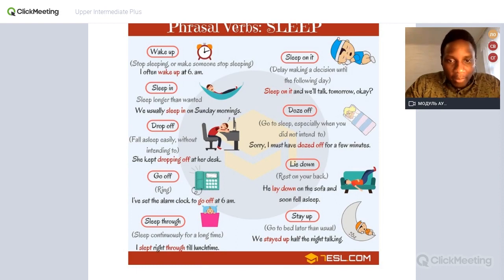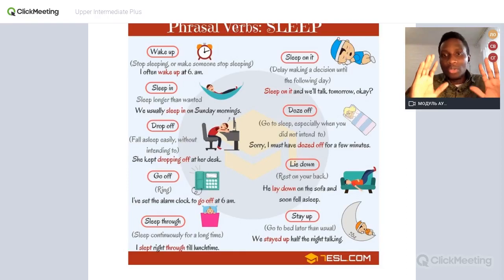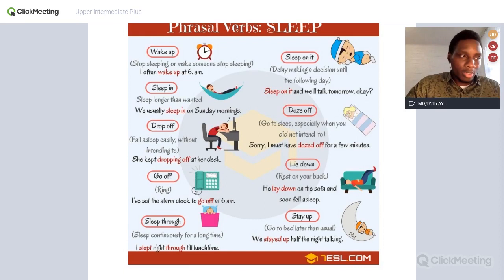It's talking about sleep. Sleep on it. So if you have an important matter that needs you to make a decision, do you say, okay, I need to sleep on it, and tomorrow I'll make a decision about it?